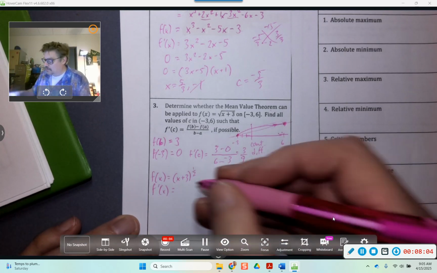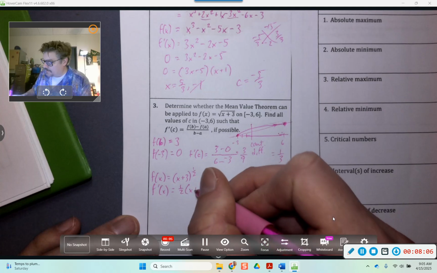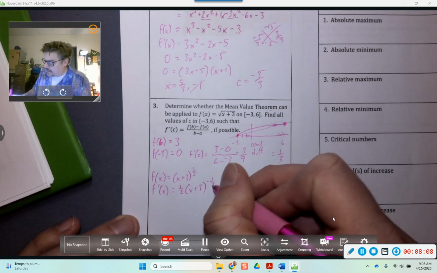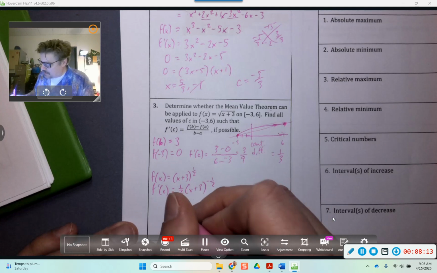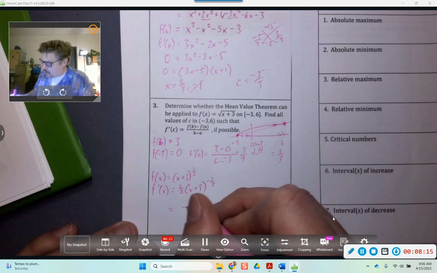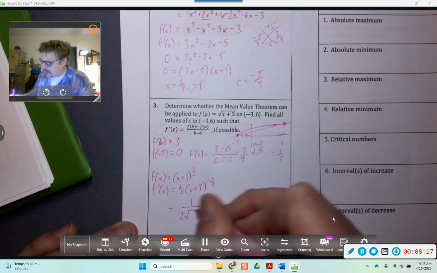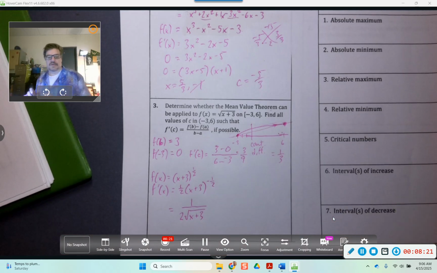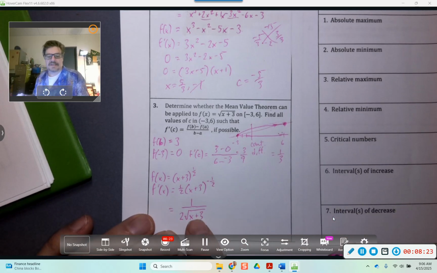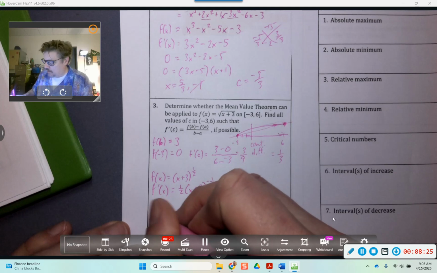He's going to drop a degree, but the 1/2 does come in front. Okay, he's going to go to -1/2. So this means that we have 1 over 2 times the radical of x plus 3. Okay, so he is in the denominator because he's negative, and it has to equal 1/3.